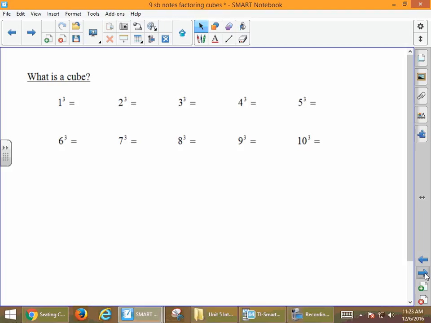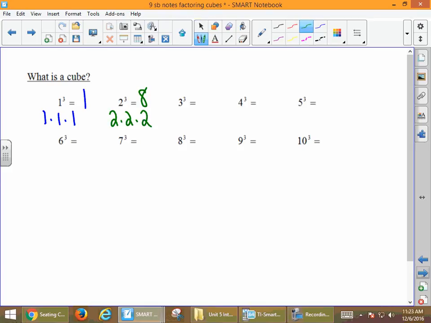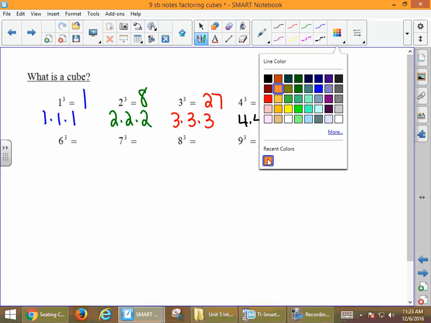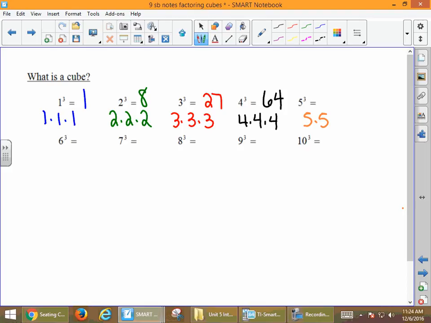A cube is simply something times itself 3 times. 1 cubed is 1 times 1 times 1. 2 cubed is 2 times 2 times 2, which is 8. 3 cubed is 3 times 3 times 3, which is 27. 4 cubed is 4 times 4 times 4, which is 64. 5 cubed is 5 times 5 times 5, which is 125.